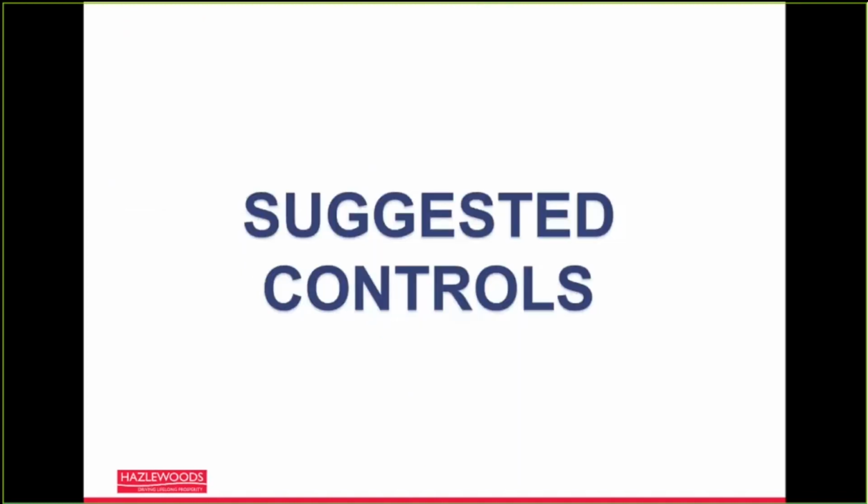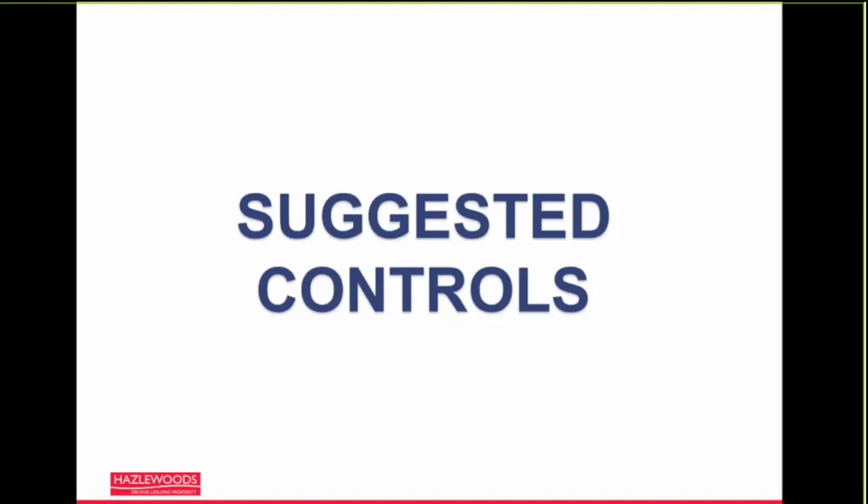Suggested controls. For prompt banking, we would suggest that you maintain a cash diary and reconcile this to the daily banking. This will help to identify any amounts received which haven't been banked and vice versa. For the 14-day rule, so funds earmarked for costs, we would recommend that you run a listing of all balances on office and client account and compare where funds can potentially be transferred.